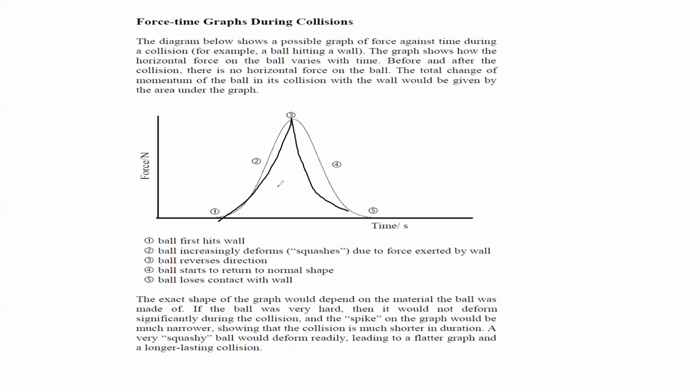Means if a ball is made of rubber or an object like a sponge, then the graph will be flatter, and the collision will last for a longer time. Is it clear? This is the force-time graph for a collision between the ball and the wall.